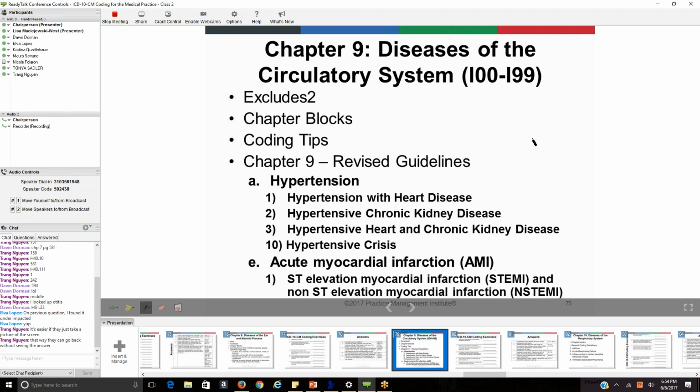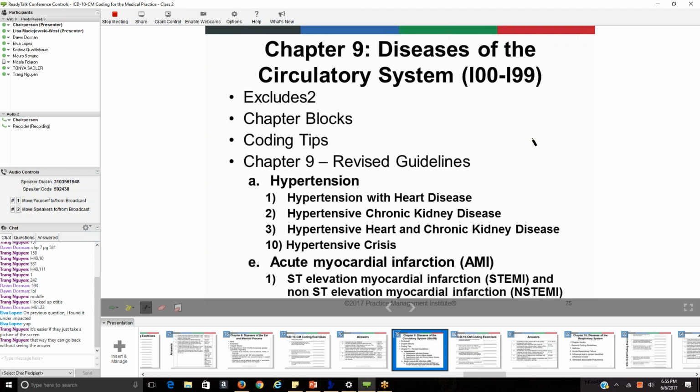Now, if the patient is ambidextrous, the right side will be the dominant. If the left side is affected, unless the patient is left-handed, then the default will be non-dominant. And if the right side is affected, as long as the patient is right-handed, then the default will be dominant. Okay, so just so you know about the dominant and non-dominant sides.